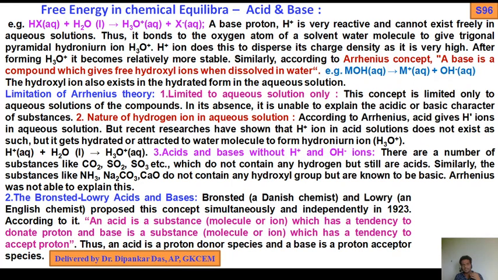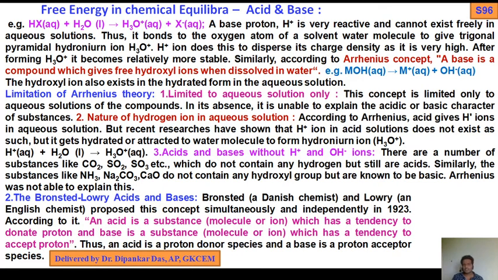That means Arrhenius defined acid and base considering aqueous solution. In its absence, it is unable to explain the acidic or basic character of a substance. Very fine, I think you understood.